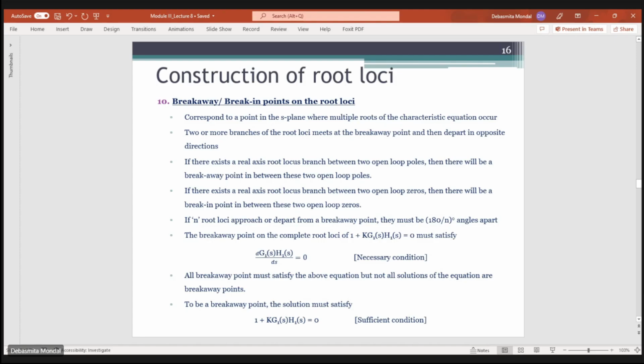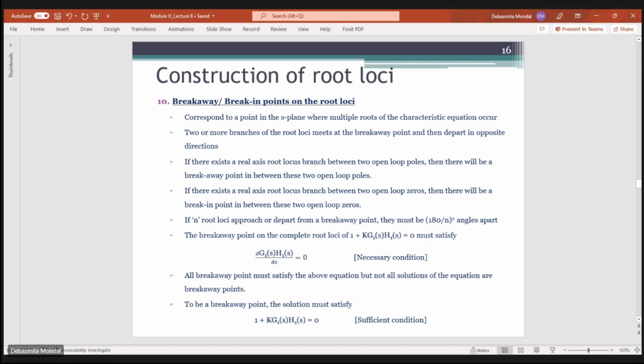Basically, these breakaway or breaking points on the root locus correspond to a point in the S-plane where multiple roots of the characteristic equation occur. Multiple roots of the characteristic equation means that in the closed loop system you will have multiple repeated roots at that position.